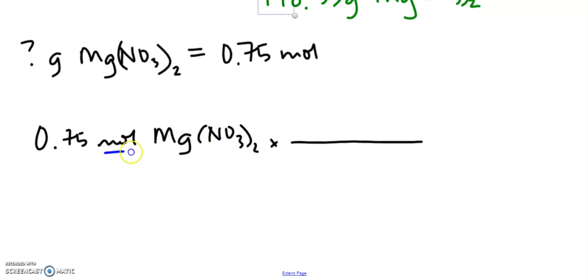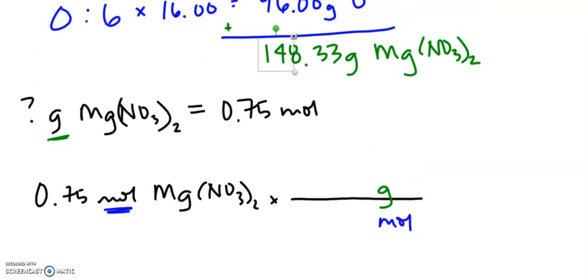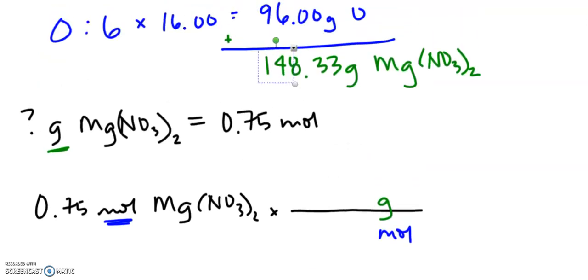We take our unit here and it goes on the bottom, and the unit we want to find goes on the top. Then we look at our values. This is the grams per mole, that molar mass we found. So the 148.33 is my gram number, and if it's per mole, that's per 1 mole. So our moles are 1, and we can see our moles divide out.